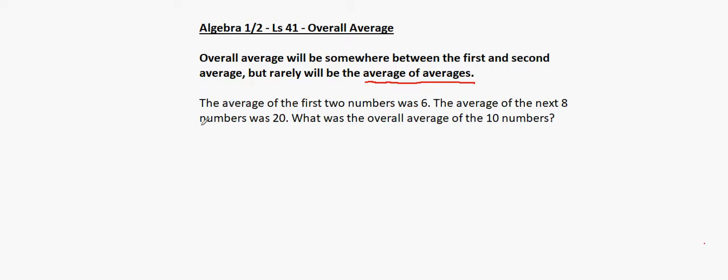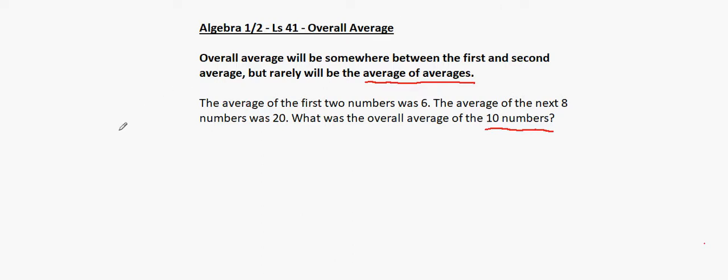So let's try this once. We've got the average of the first 2 numbers was 6. The average of the next 8 numbers was 20. What was the overall average of the 10 numbers? There's 10 numbers, right? Because I have 8 numbers and 2 numbers. Do you know what the quick, lazy, and ultimately incorrect way to solve this problem would be?